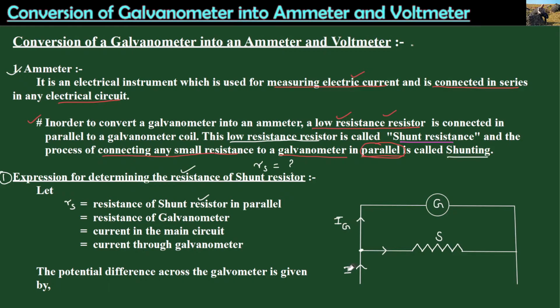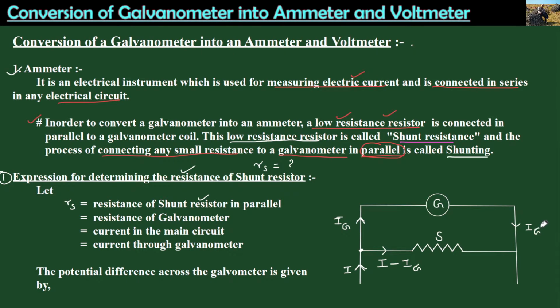Since the current I in the main circuit is entering that junction point, that current will be taken as positive. This Ig is leaving that junction point. That is why the current which flows through this branch will be I minus Ig. And similarly, this current Ig flows across this branch.